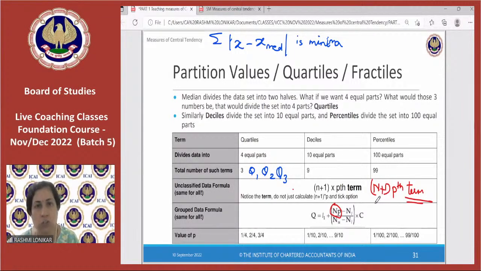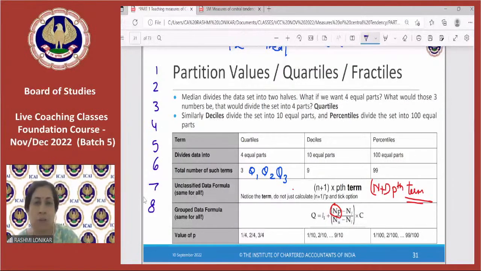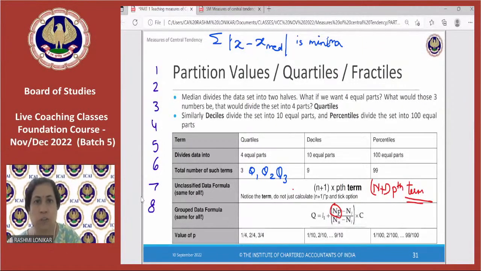Suppose, let me take the simplest example: 1, 2, 3, 4, 5, 6, 7, 8. Suppose I've got 8 sweets and I want to distribute them among 4 people, or I take 8 students and put them into classrooms. So 2, 4, 6, 8.